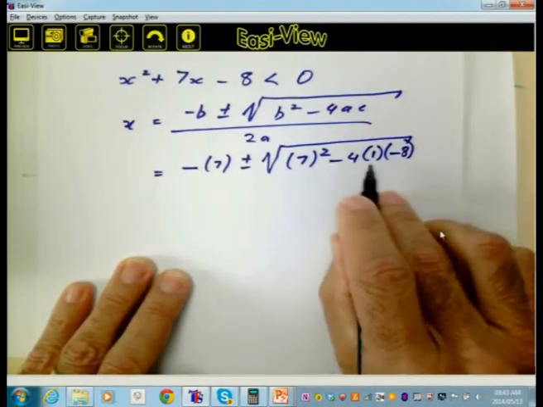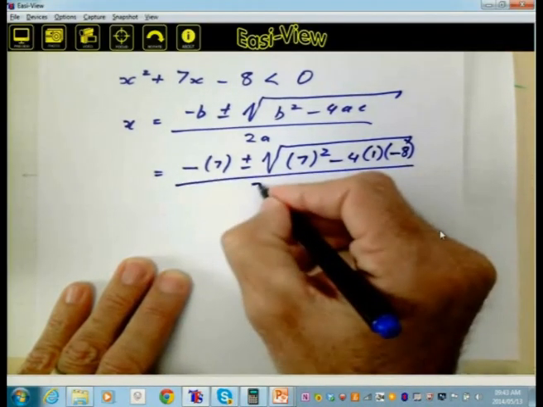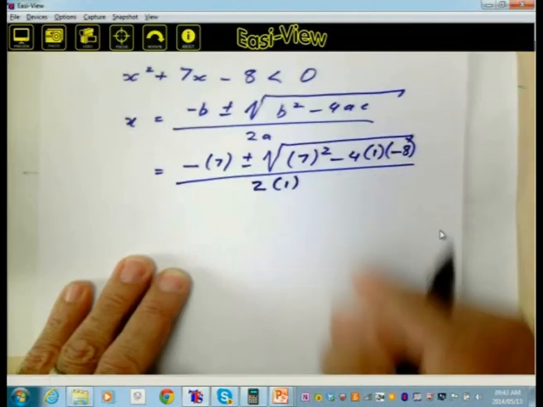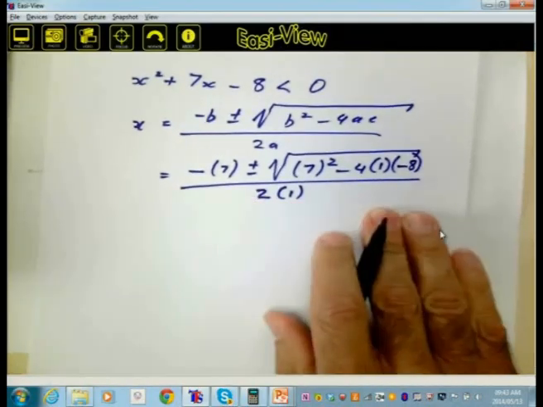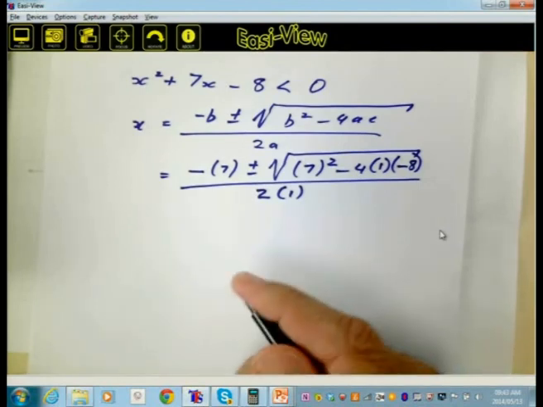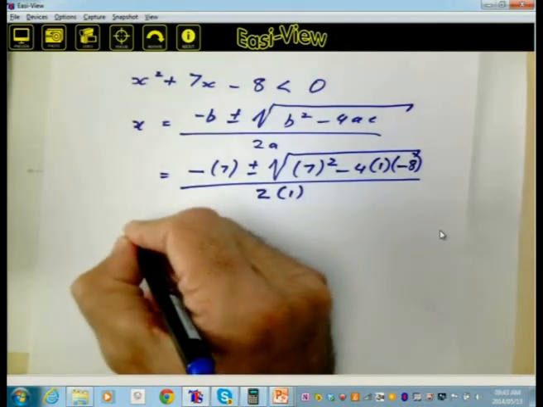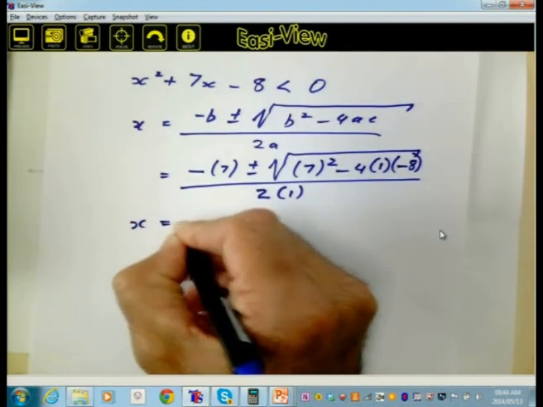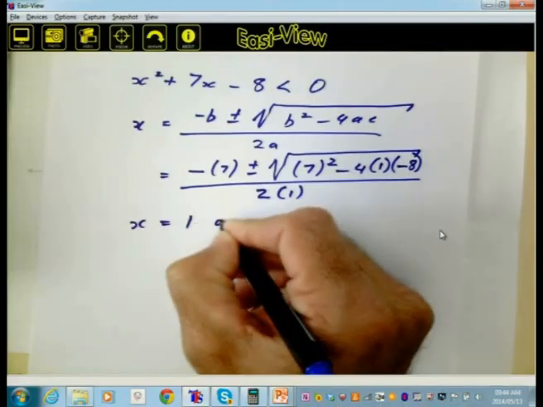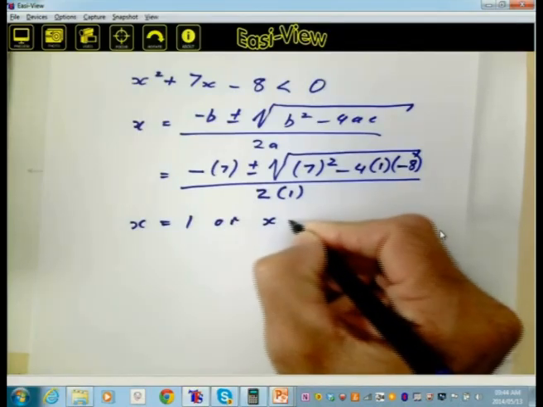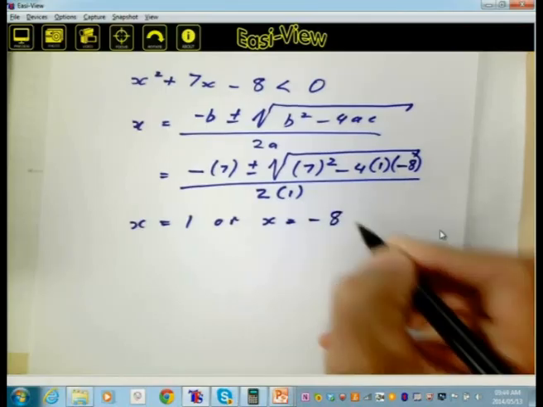Remember your signs, okay? All of that over 2, and a is just 1. Now, how do we do this in the calculator? Go and look at that lesson. I have got a lesson like that, but we'll say that x equals 1 or x equals minus 8.